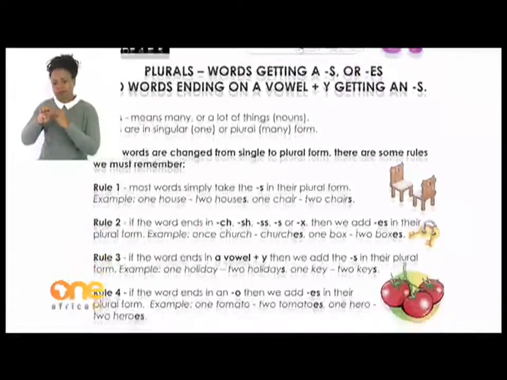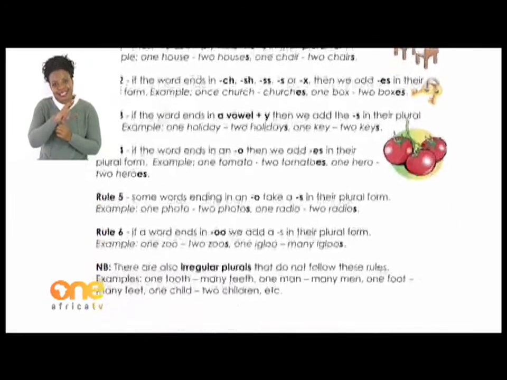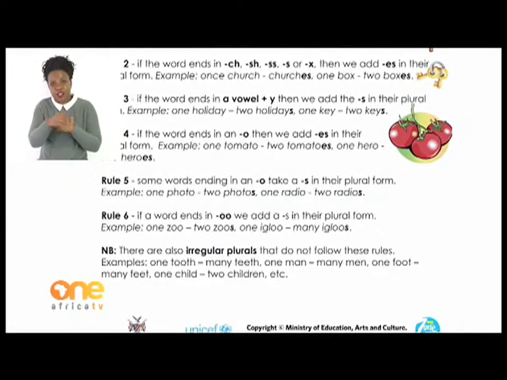Let's look at the examples. Church. If you look at this noun, it's ending with CH, church. When there are many churches, there is ES added to the noun church. One box is ending with X, we add ES for it to become boxes.